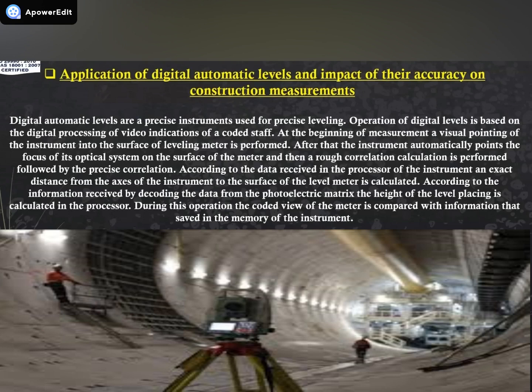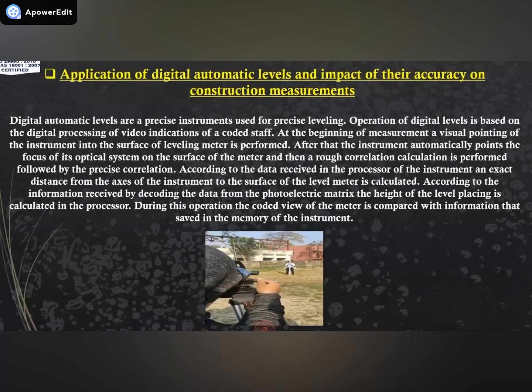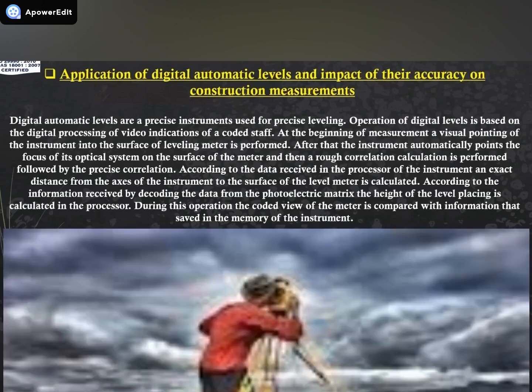After that, the instrument automatically points the focus of its optical system on the surface of the meter, and then a rough correlation calculation is performed, followed by the precise correlation. According to the data received in the processor of the instrument, an exact distance from the axis of the instrument to the surface of the level meter is calculated.